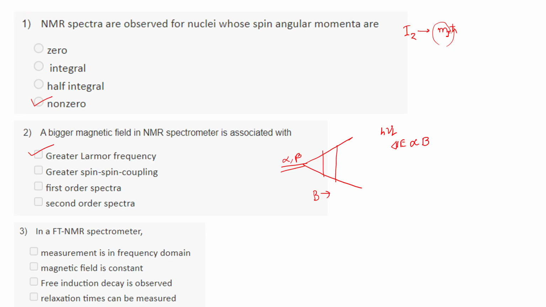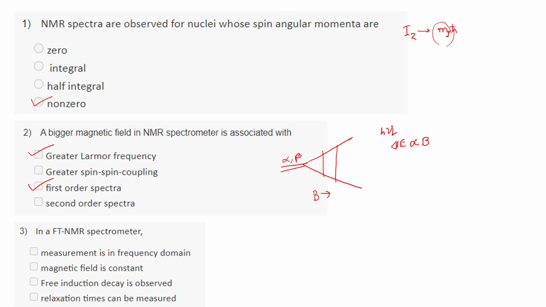And what about first order or second order spectra? You are going to observe first order spectra, much more resolved, so there will be less complication due to the coupling. The coupling amount will be the same, but the resolution will be much better.